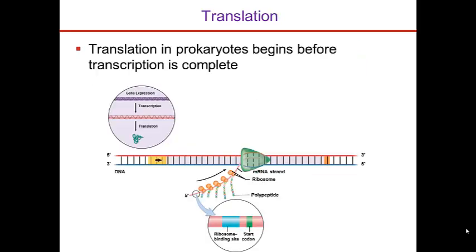Because there is no nuclear membrane separating messenger RNA transcription from the ribosomes in prokaryotes, translation begins before transcription finishes the messenger RNA molecule.